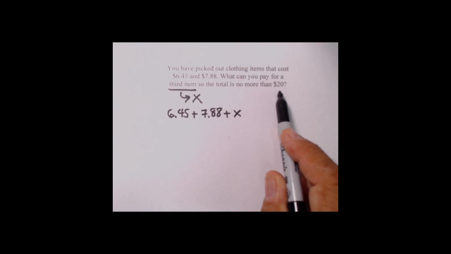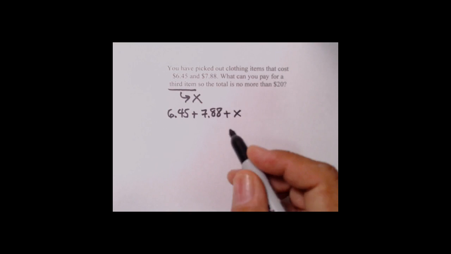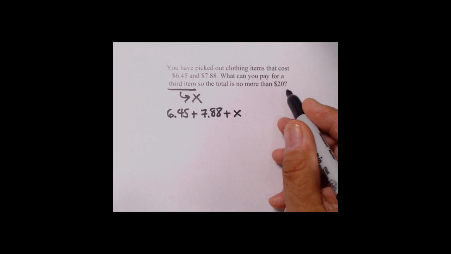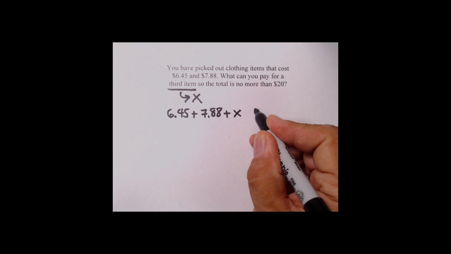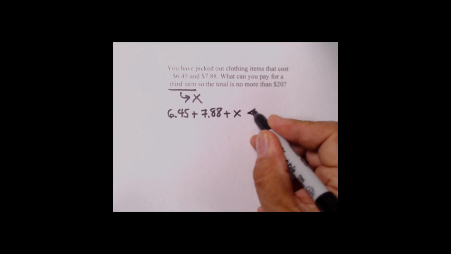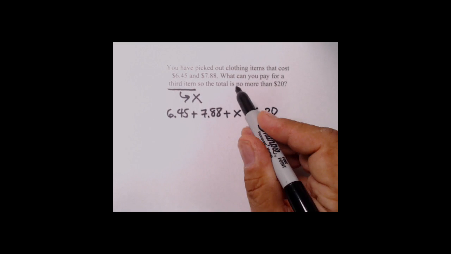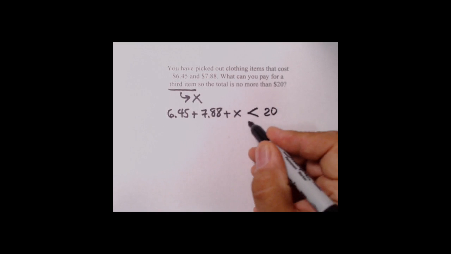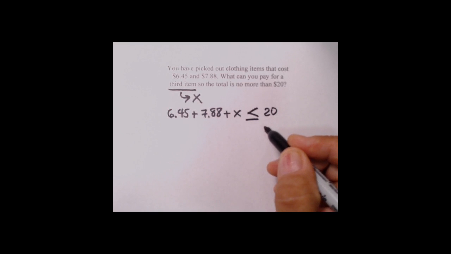In other words, that's the maximum you have. Well, okay, that means everything you bought here has to be smaller than the 20. So we point the small side of the inequality toward it. But no more, we can also spend exactly 20 bucks. So the equal bar is appropriate as well.